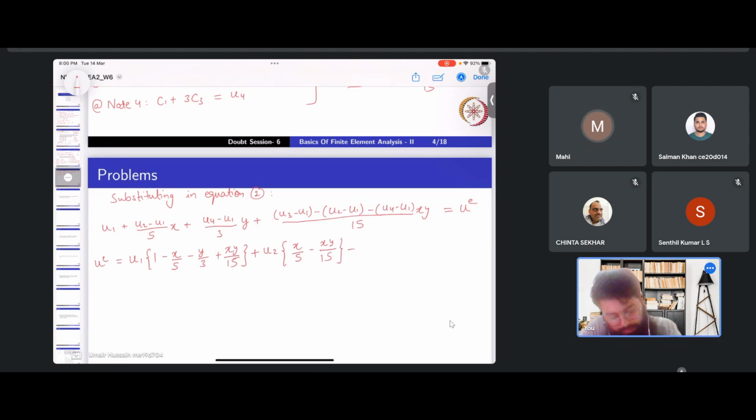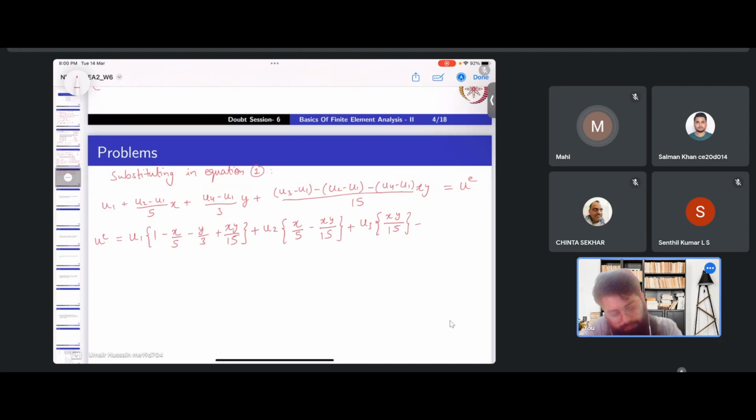Fine. Then for u3, what do we have? We don't have anything in the first term, nothing in second, third. We have something in the last term. So we only have one u3 term, that is xy by 50, right? Yes, sir. So for u4, do we have anything?